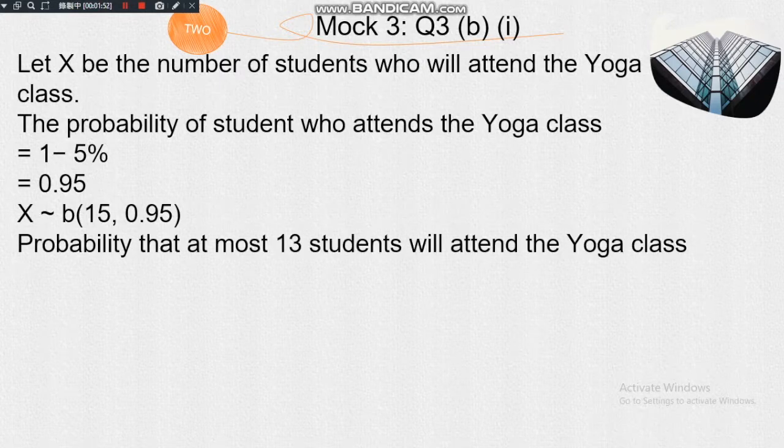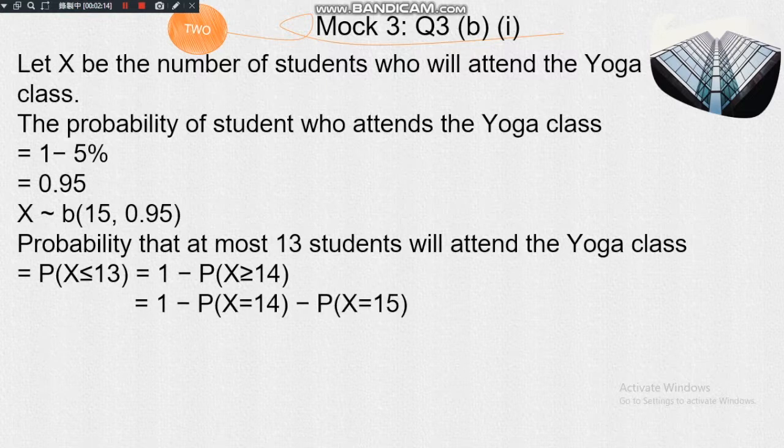The probability that at most 13 students will attend the yoga class is the probability of X smaller or equal to 13. To calculate it in a simpler way, we have 1 minus the probability of X greater or equal to 14, and then 1 minus the probability of X equal to 14 minus the probability of X equal to 15.